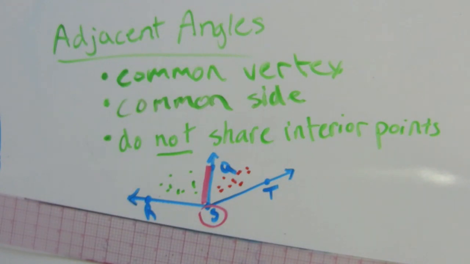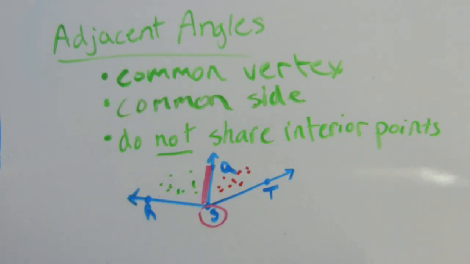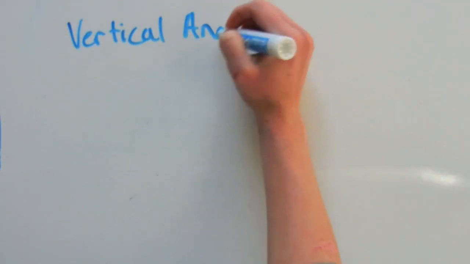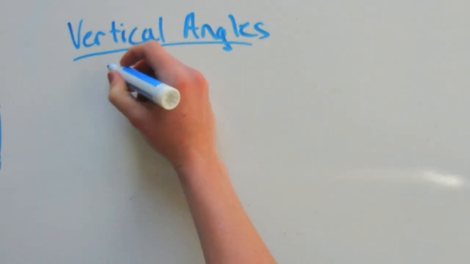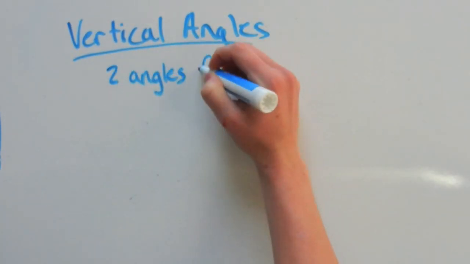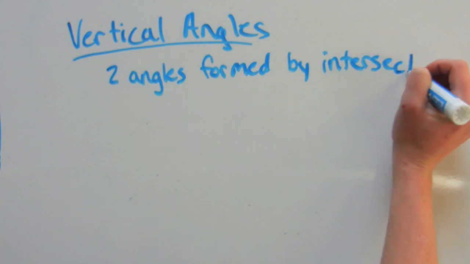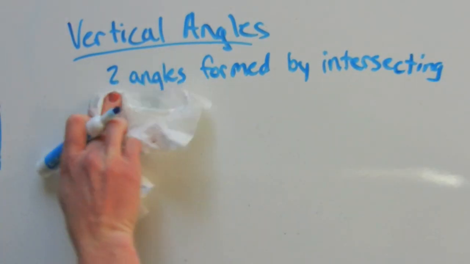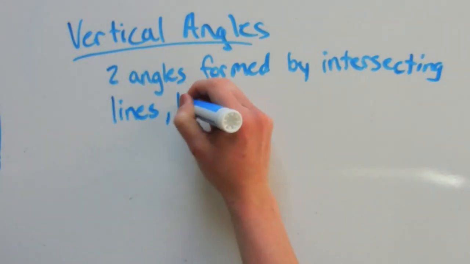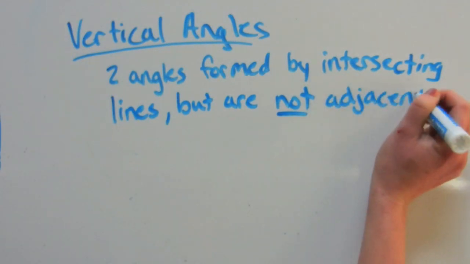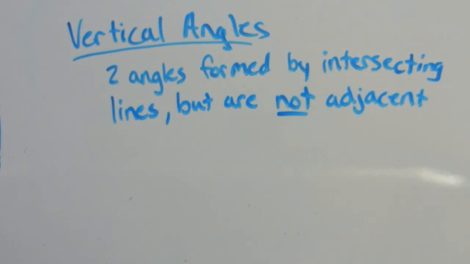From that, we're going to look at vertical angles. So vertical angles are 2 angles formed by intersecting lines, but those angles are not adjacent.